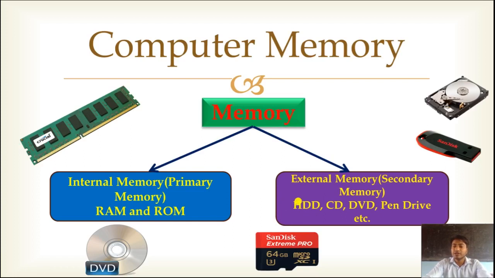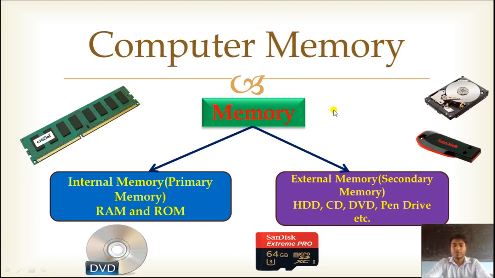Internal hard disk is also fixed inside the CPU box, but that is not internal memory. That is an exceptional case. External hard disk we can use from outside. As you can see in the pictures here, this is pen drive, hard disk, memory card, DVD, and this is RAM.